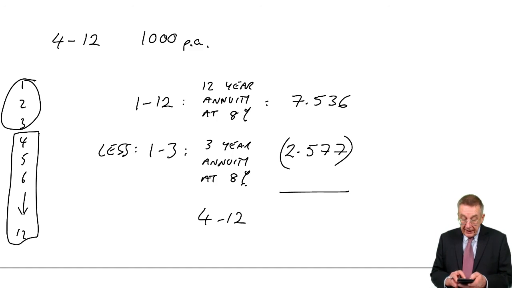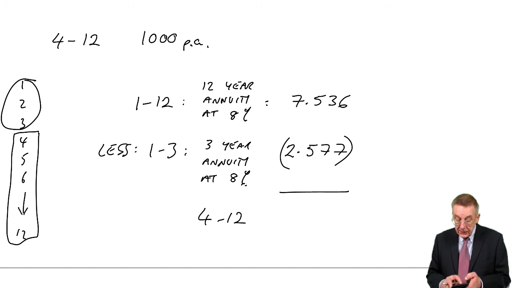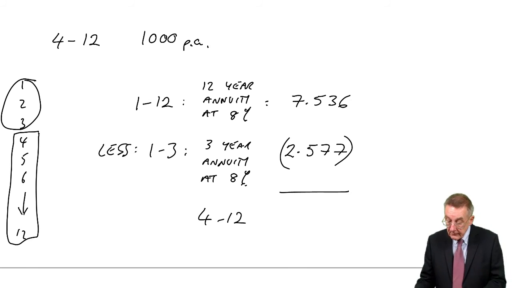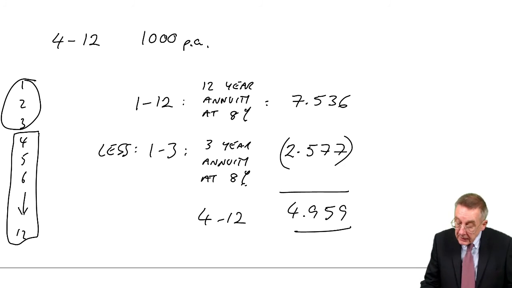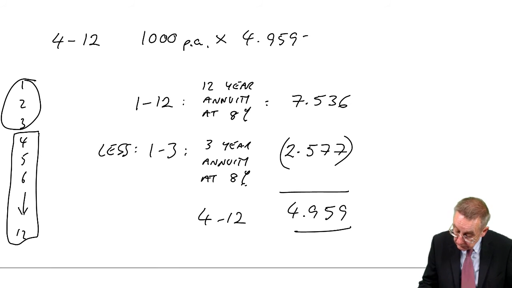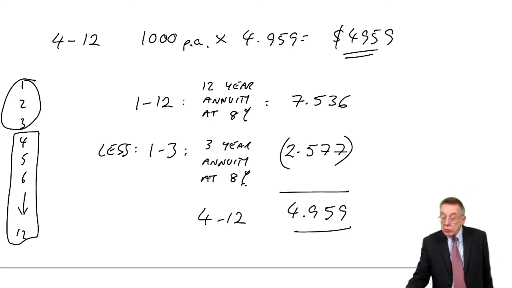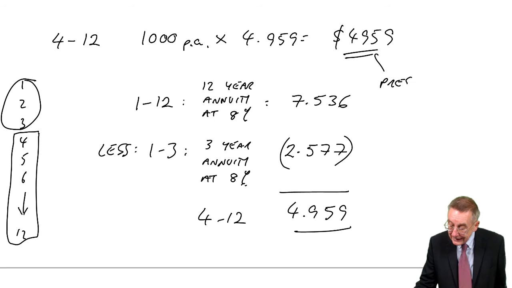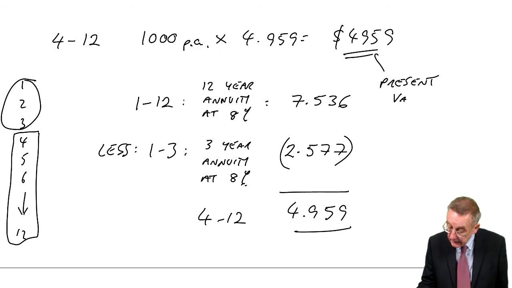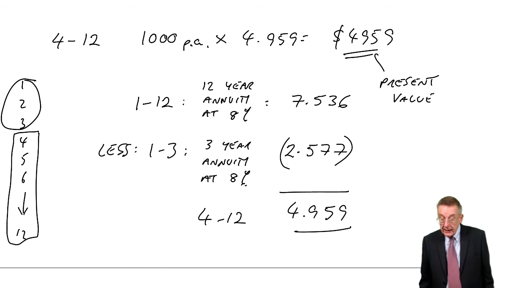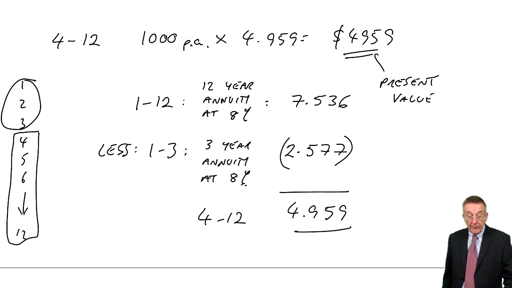And so what does it come to? 7.536 minus 2.577 is 4.959. So that's the total from 4 to 12. Now we can apply it to our annuity. And there we are. The present value of 9 receipts of 1,000 at 8% is 4,959.